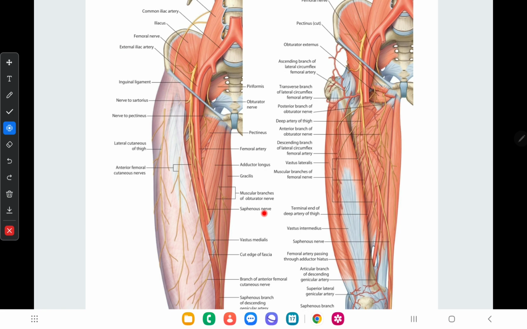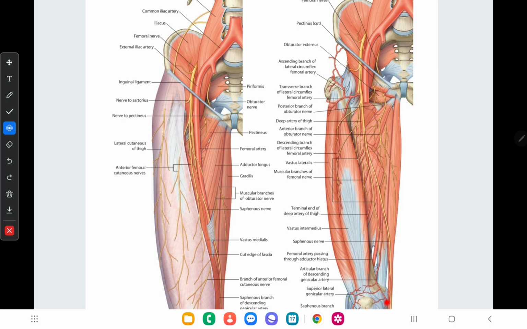Then it emerges on the medial side of the knee between the tendons of sartorius and gracilis. Here there are the tendons of sartorius and gracilis, in the medial compartment of the thigh. Then the saphenous nerve emerges from the medial side of the knee between those two tendons.